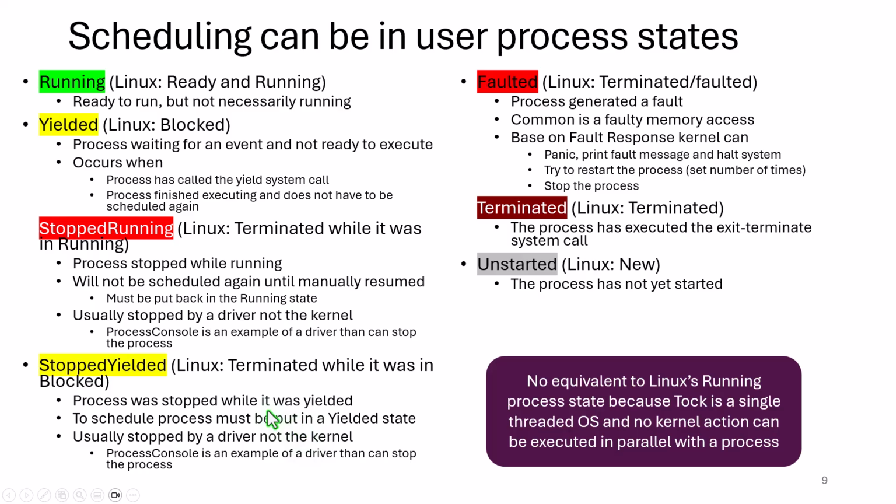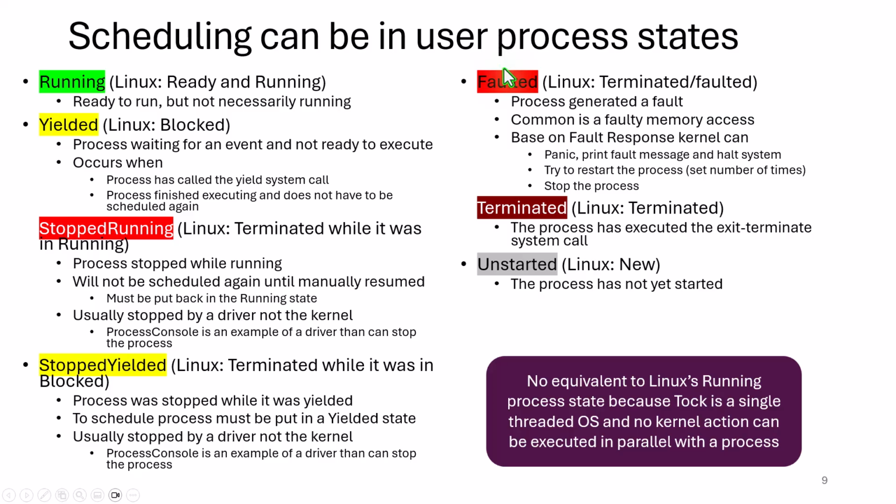It's just that in this case, it was stopped while it was in the yielded state, and it would have to be scheduled again, put back in the yielded state. Both of these are normally stopped by a driver. So the process control is a capsule that allows you to stop processes and have some fine-grained control over things.